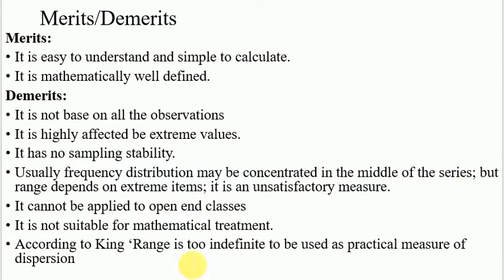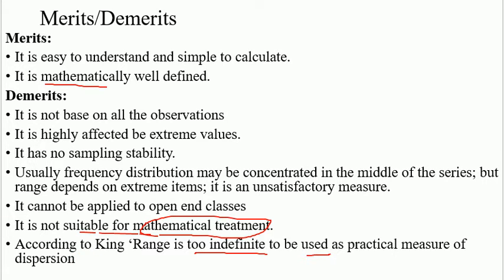And although it is mathematically well defined, it is not usable for mathematical treatment. According to King, range is too indefinite to be used as a practical measure of dispersion. That is one drawback we find in the range.